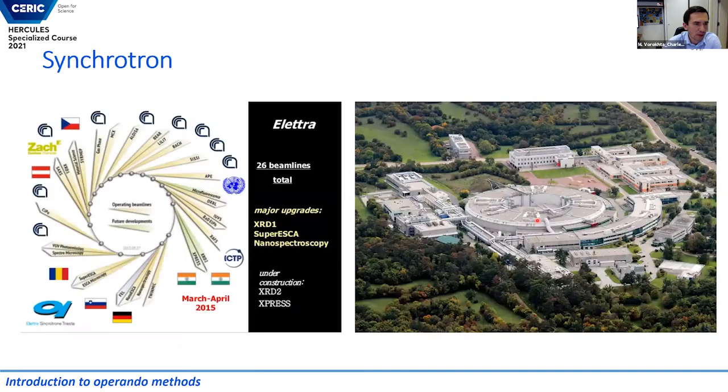Okay, so as I said, most in situ methods are somehow based on X-rays or probing, because you can imagine that if you expose the sample to a gas or liquid, your beam should penetrate this gas to reach the sample.